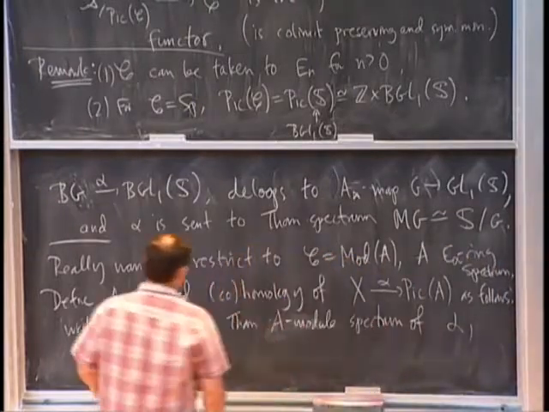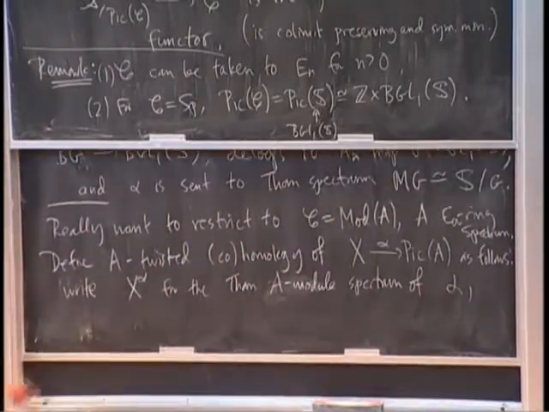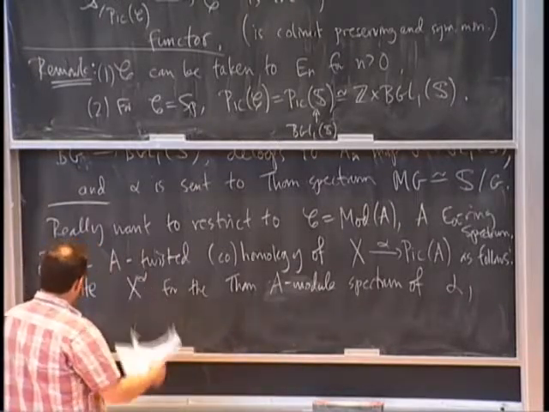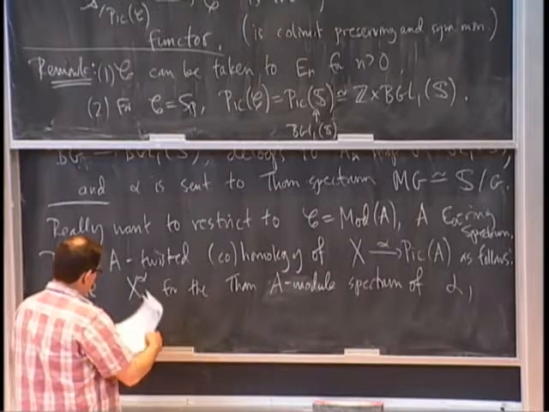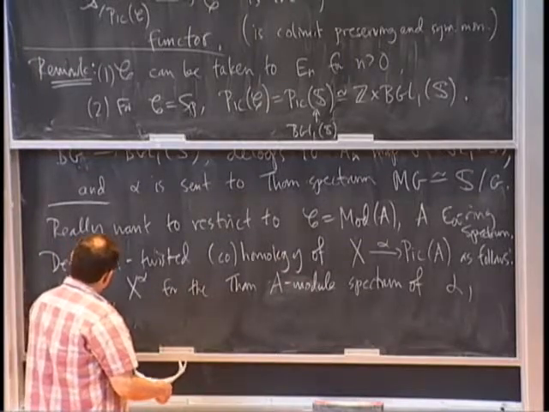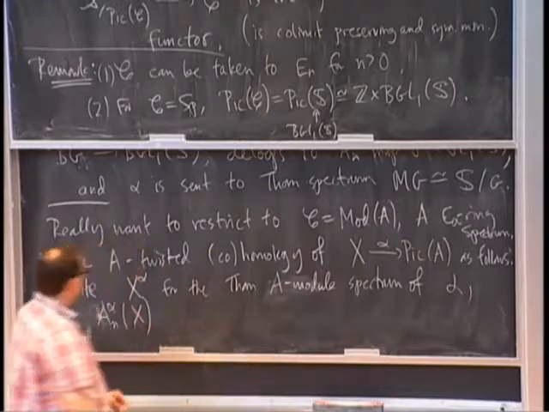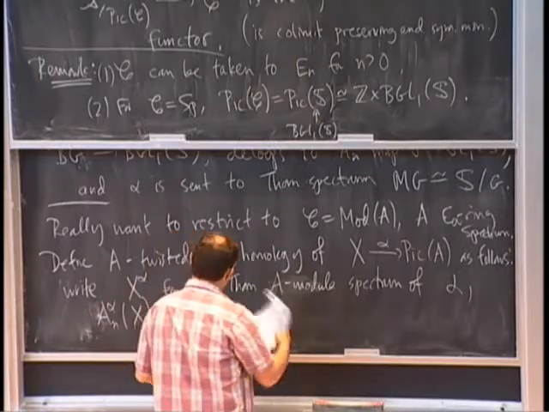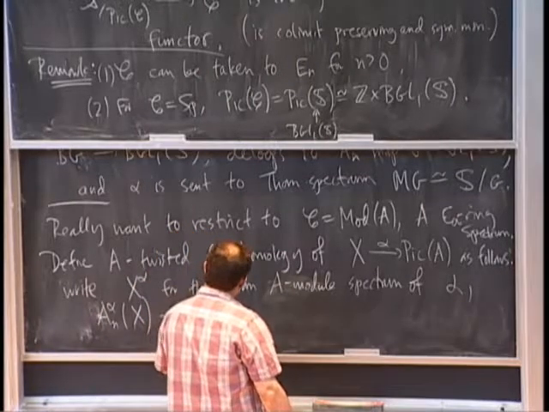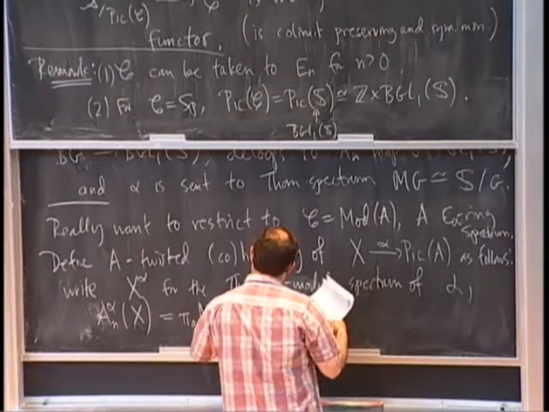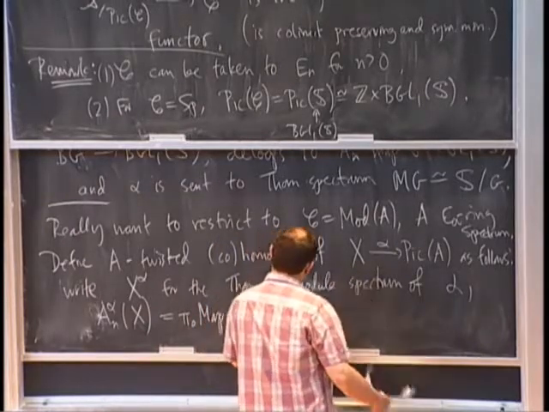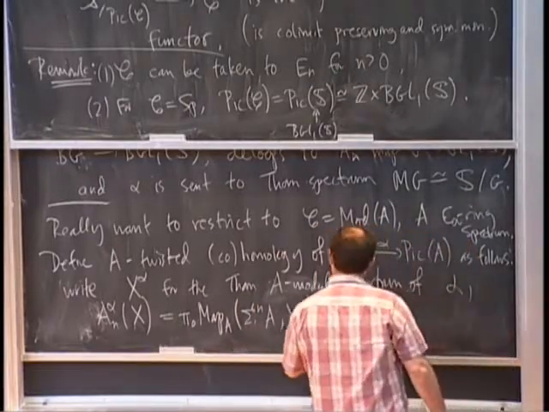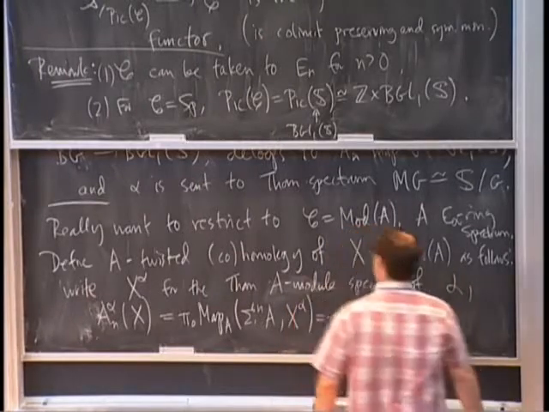And I'm going to define the alpha twisted cohomology, and homology is the following. So the alpha twisted nth homology group of X is then defined to be pi 0 of the mapping space in A modules from sigma n of A into the Thom spectrum X alpha, which is just the same as pi n of X alpha.